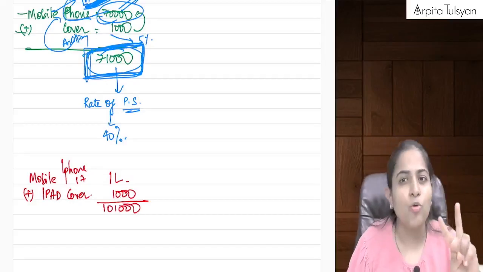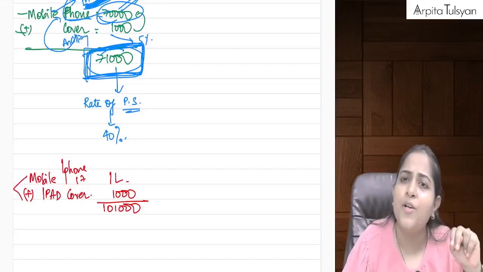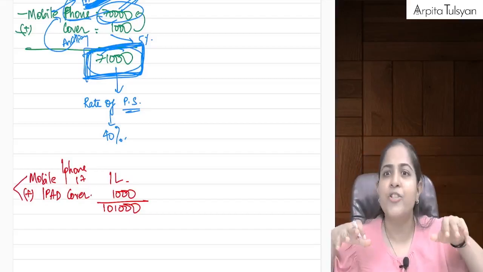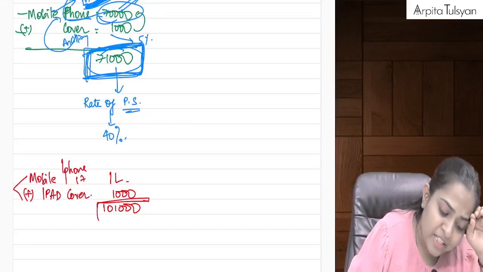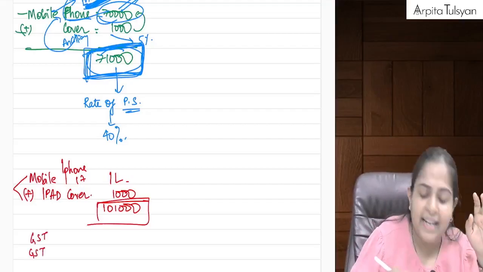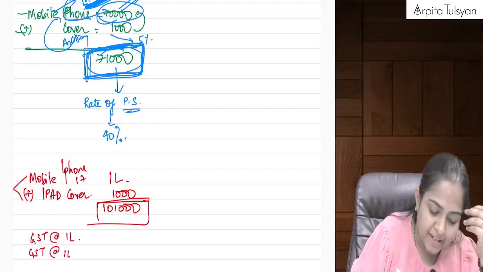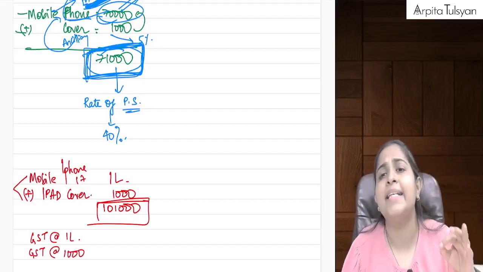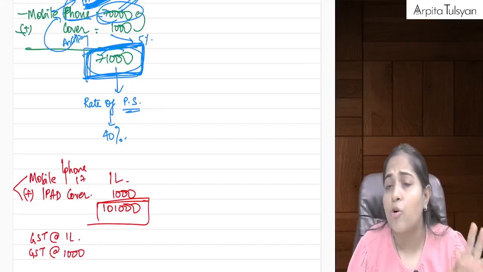Now, are there two or more supplies done together? Yes. Are these naturally bundled together? iPhone 17 and iPad cover, is it naturally bundled together? No, it is not naturally bundled together. So even if he is making a single invoice, no problem, but GST will be charged individually. That is, GST on 1 lakh will be separate and GST on 1,000 will be separate. Are we going to call it a composite supply?